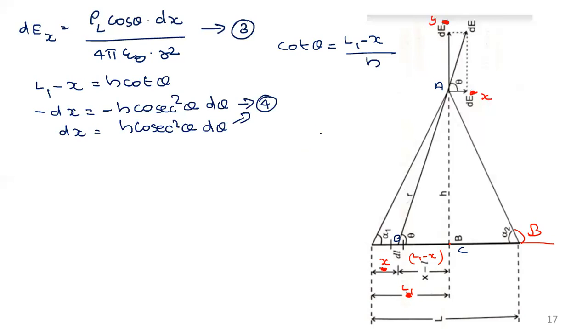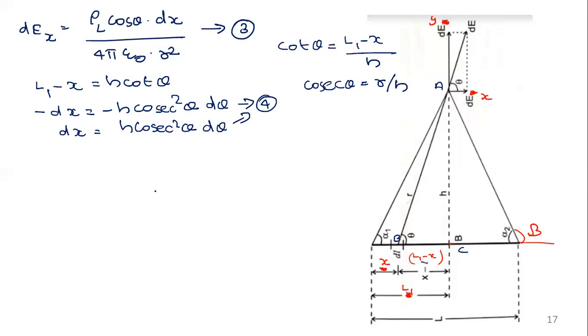Then tell me what is cosec theta in right triangle ABC. Cosec theta is the reciprocal of sin theta. So you find out sin theta and then take the inverse. Sin theta is r by h. Very good. So cosec theta is r by h.